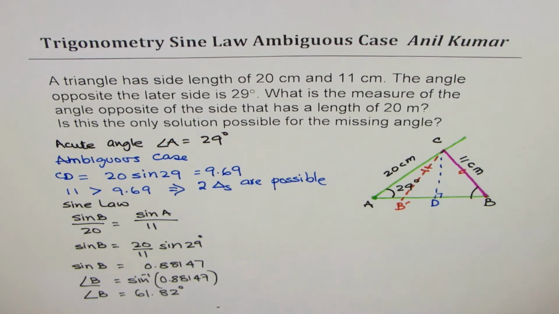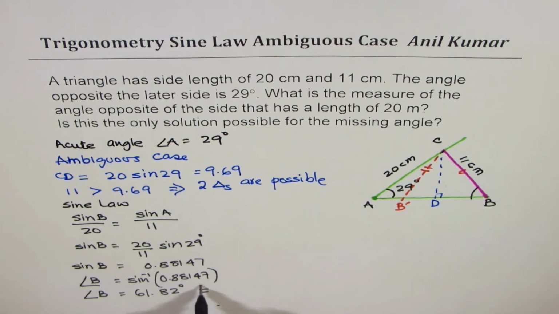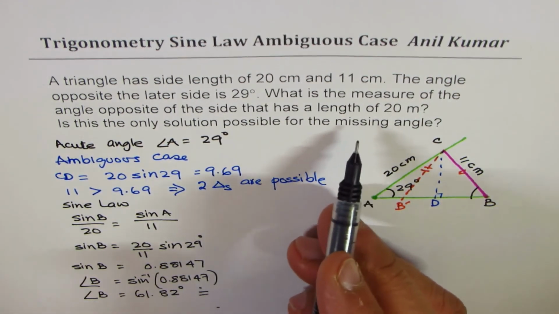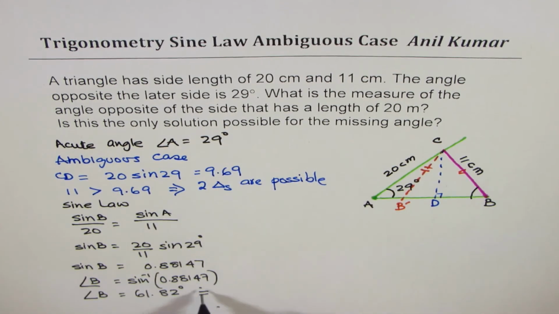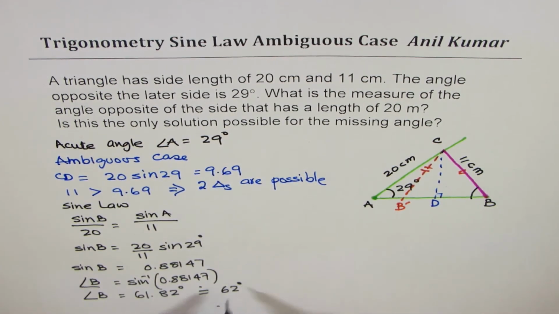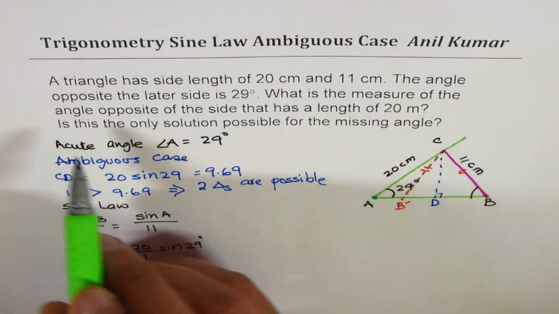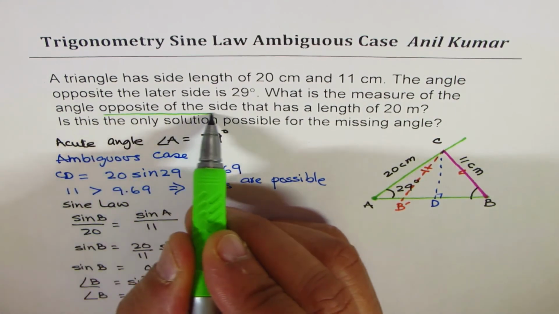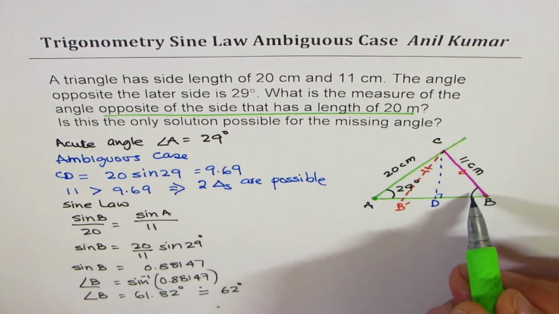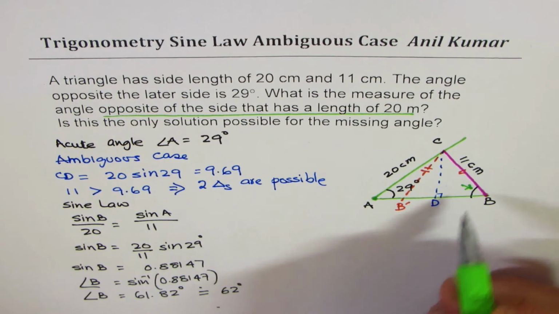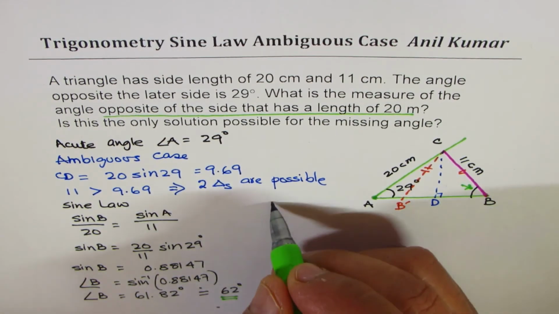They're not mentioning anything about rounding, so we'll just round it to a whole number, 62 degrees. So we get one of the solutions. The question asks for the measure of the angle opposite 20 centimeters, so this angle here is 62 degrees.